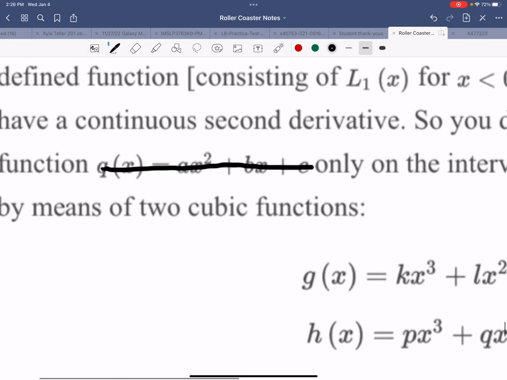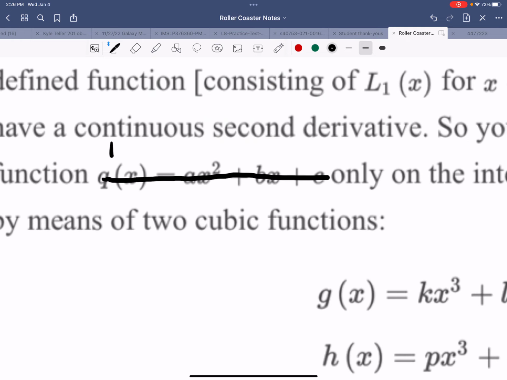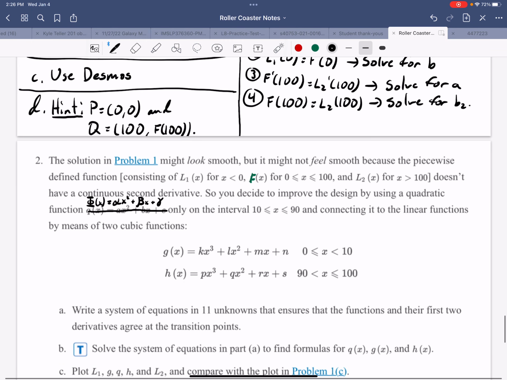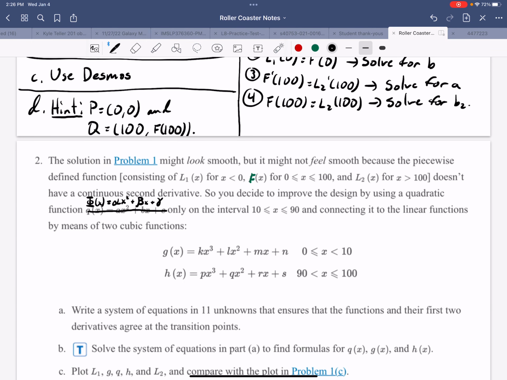So instead what we're going to do is define a new function, capital phi of x, and it's going to equal alpha x squared plus beta x plus gamma. Okay, that will be our new parabola.